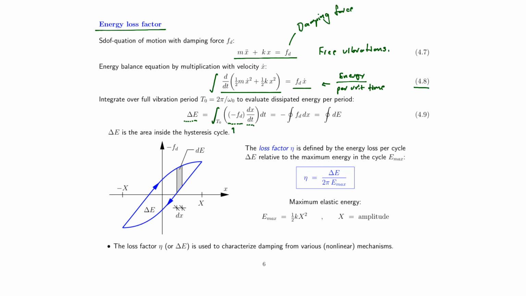Furthermore, we assume a minus in front of Fd because the Fd is moved to the left-hand side, because we want to consider the dissipation of energy in terms of an internal force. So this is just a question of how we define our loading, our damping force. Is it an external force working on the structure, or is it an internal mechanism that dissipates energy? And it is the latter that is commonly considered.